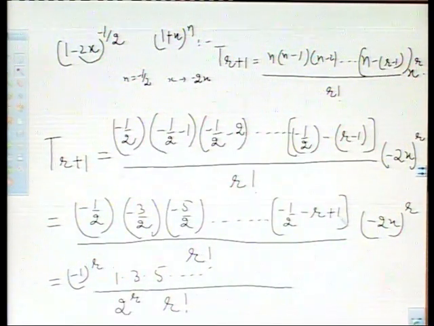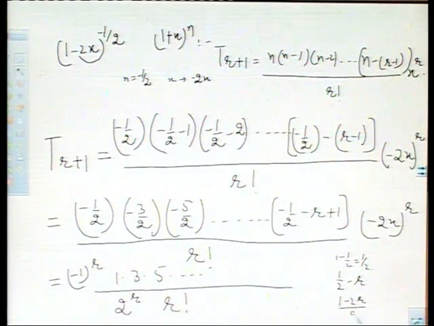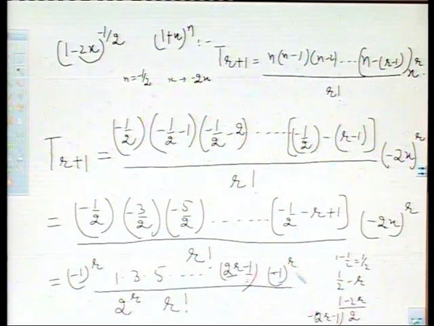Taking the minus sign outside, it becomes 2r minus 1, and this 2 becomes the denominator, and it will be equal to minus 1 raised to power r, 2 raised to power r, and x raised to power r.